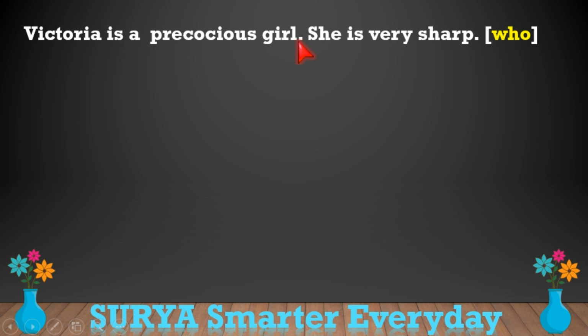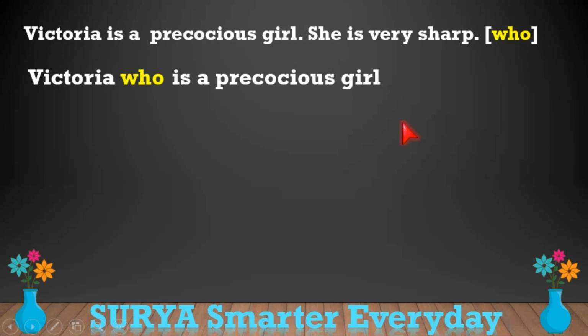So you can write first subject, then relative pronoun, then predicate of the first sentence, is a precocious girl, then predicate of the second sentence, is very sharp. Victoria, who is a precocious girl, is very sharp.